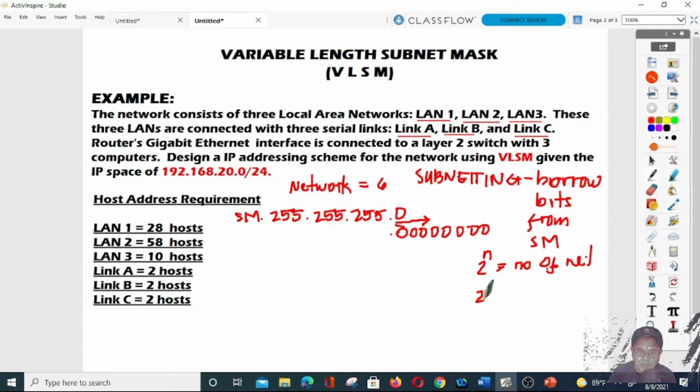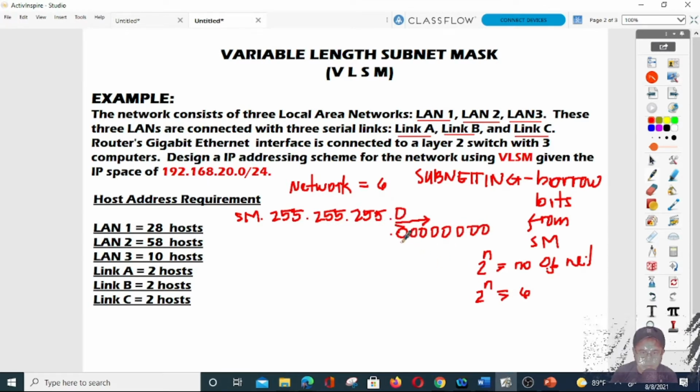And n here is the number of bits that we are going to borrow. So by inspection, in order to satisfy this equation, we need to borrow bits. Now the question is how many bits to be borrowed to satisfy this equation, starting from right, going to left.